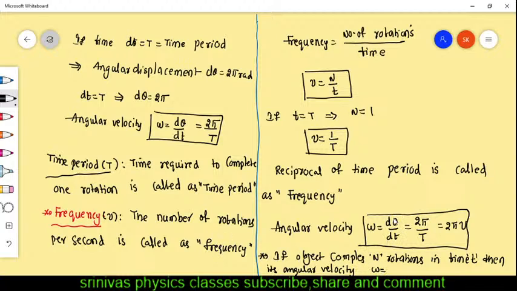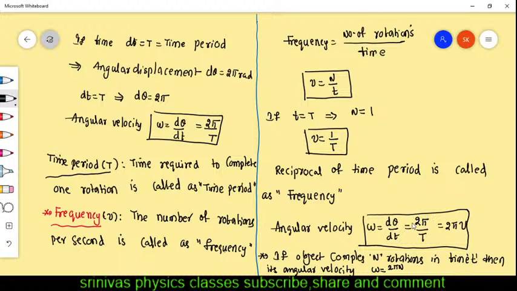Angular velocity formula is angular displacement by time. Time is already t. Then angular displacement is required. In one rotation, 2 pi angular displacement is there. In n rotations, how much angular displacement does it take? Yes, 2 pi n.